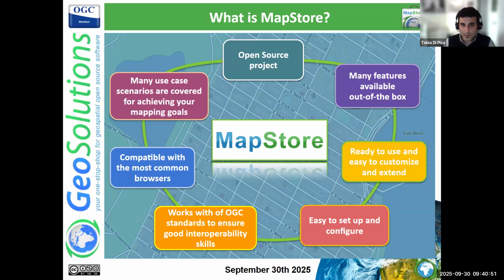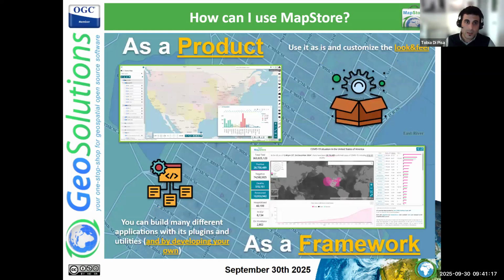MapStore can be easily extended, and its environment and application context can be configured and enriched with additional and customized settings aimed at effectively achieving mapping goals. Furthermore, its compatibility with OGC standards ensures really good interoperability. So, MapStore is a powerful WebGIS that provides an extremely wide range of operational employment opportunities.